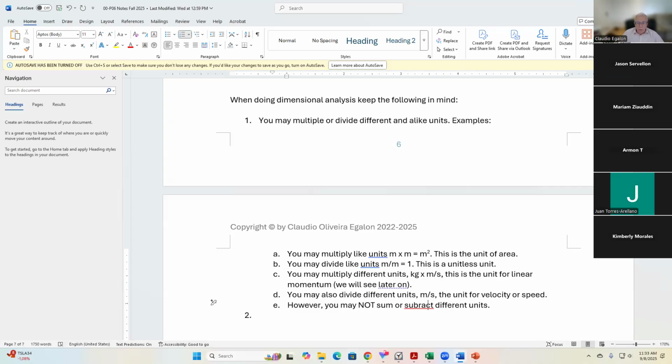Subtract, it's not allowed. For instance, it is not allowed to sum meter with seconds. Okay? Not allowed.